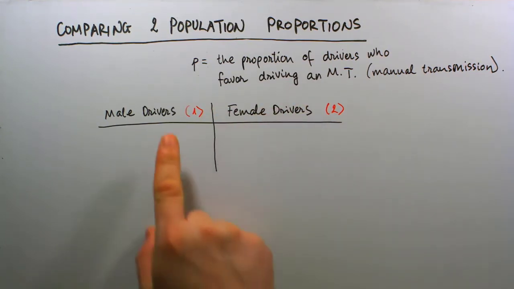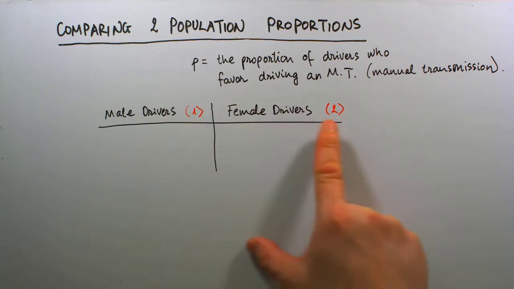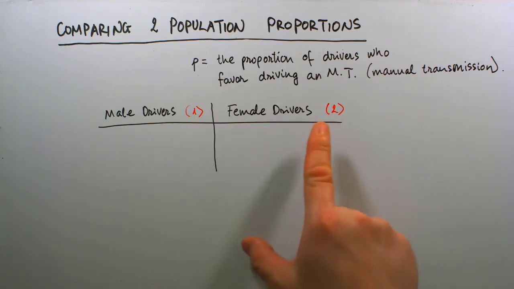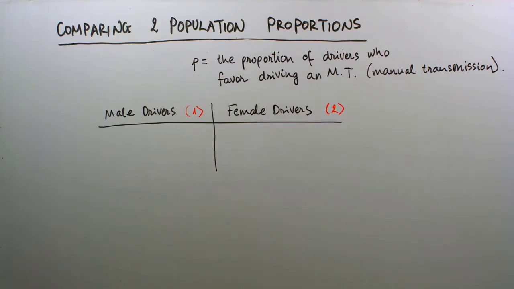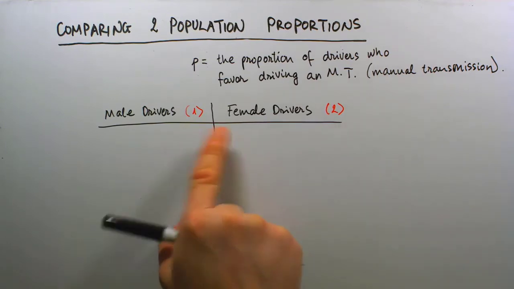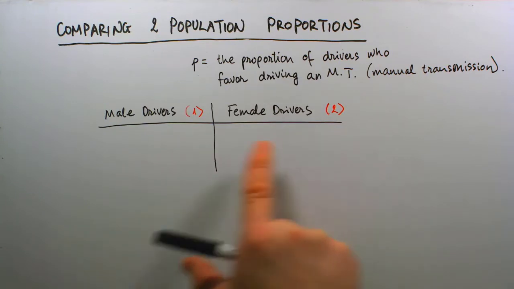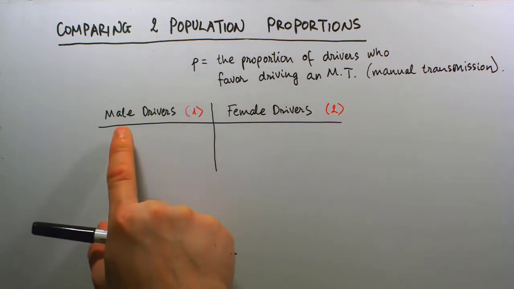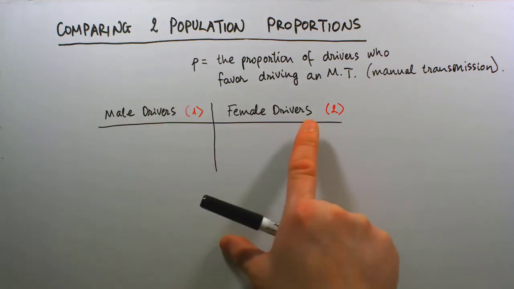But now, upon deciding the numerical labels for our two populations, that brings a tremendous usefulness for us. From this point on, anytime we need to reference back to one of these two populations, we don't have to keep referring to them as the male drivers or female drivers populations.